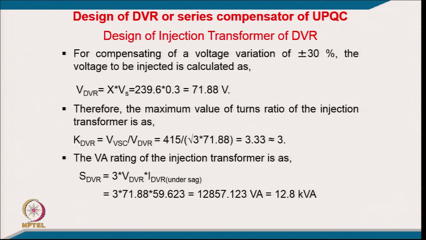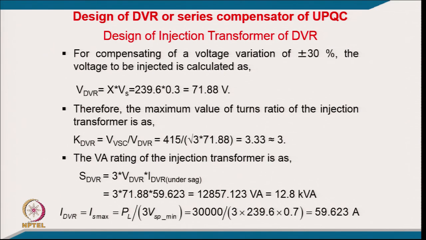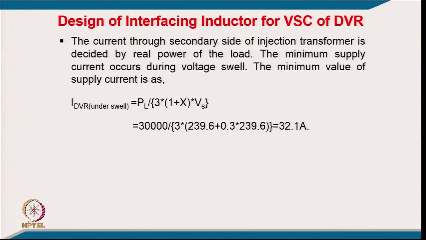So, it comes to 12.8 kVA, the rating of the series compensator or DVR. The current depends on the load current rating, because the unity power factor current flowing into the line, whatever that is, is the current rating of the DVR.